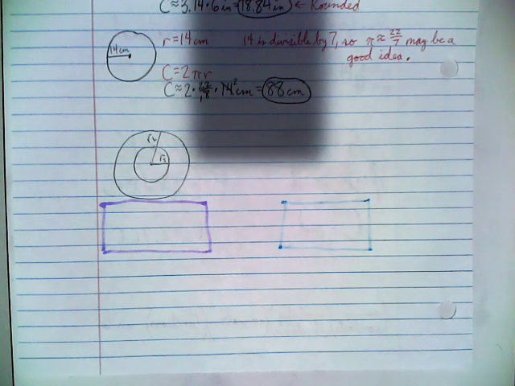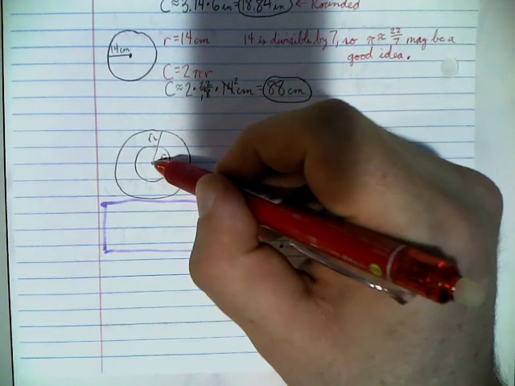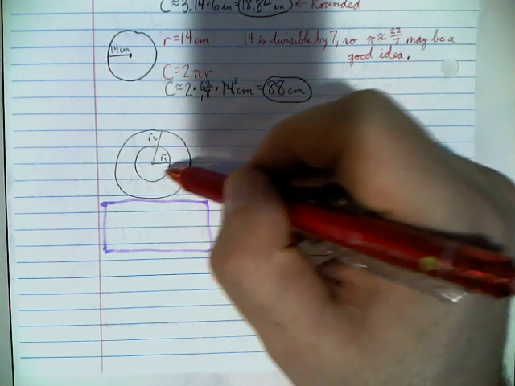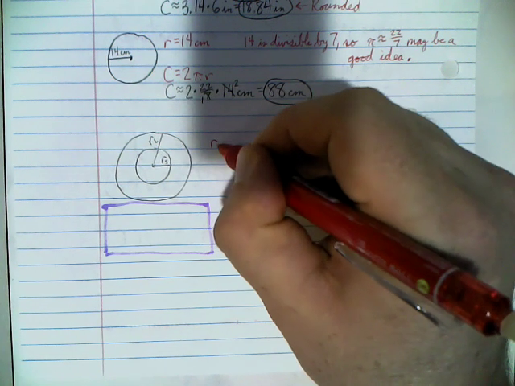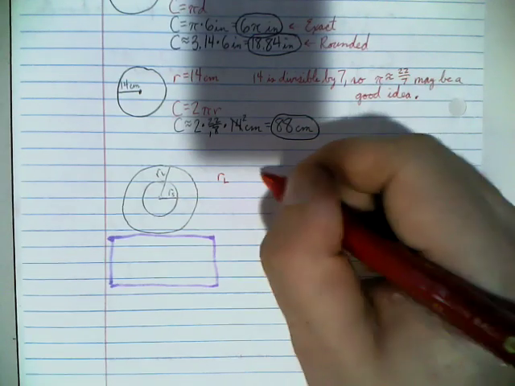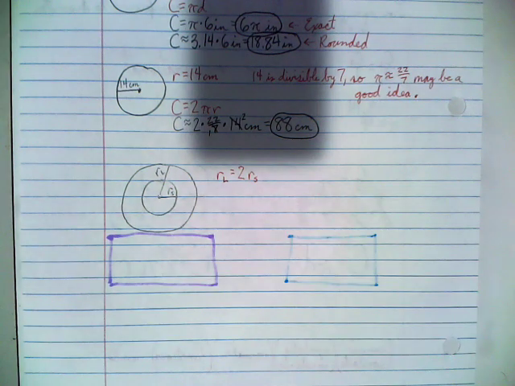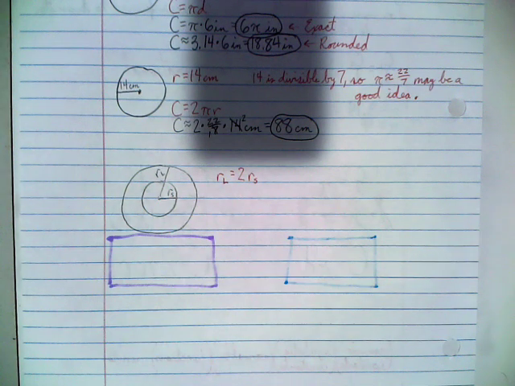So R sub L is my larger radius, R sub S is my smaller radius. And you can see just from the way that we drew this that the radius of the big guy is twice as big as the little guy. So the larger radius equals 2 of the small radius. And that's going to be important in a second.